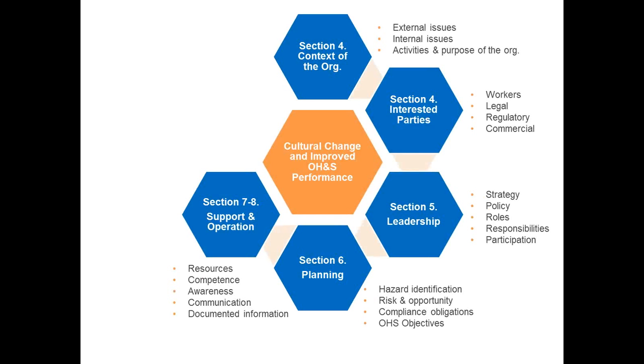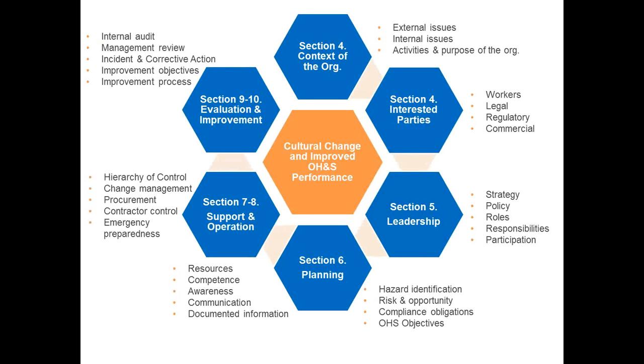Section 7 and Section 8 is operational support, looking at resources, competence, awareness, communication and documented information, and the operational control of the activities themselves. This also includes hierarchy of control, risk reduction measures, the management of change, looking at procurement and contractors, and emergency preparedness.